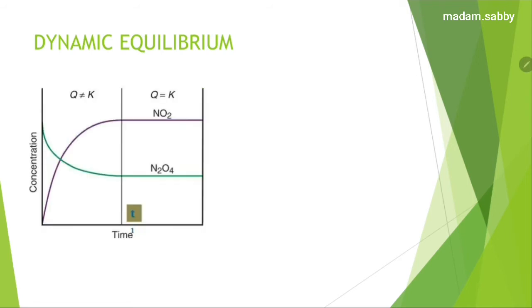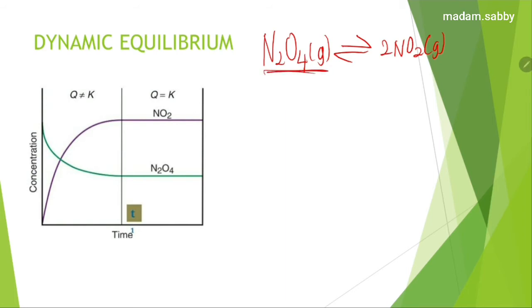This is an example of a reaction where N2O4 gas changes into NO2, and the reaction is reversible. I have N2O4 initially in the vessel, and as the reaction proceeds, NO2 gas starts to be produced.